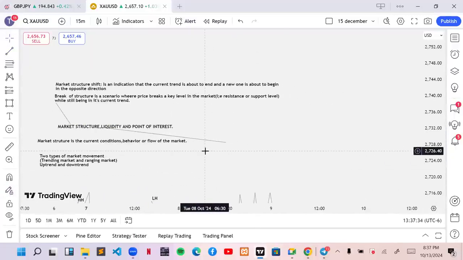Inducement is the first valid pullback that market makes after there is a shift in market structure or a break of structure. Let me repeat myself.